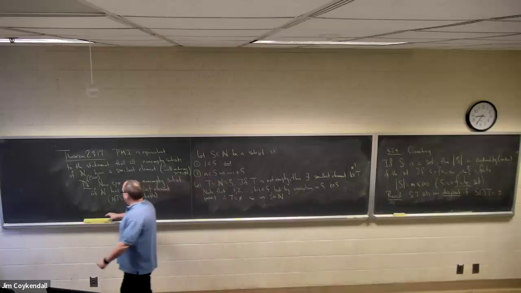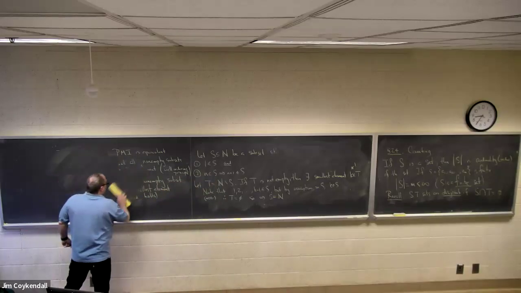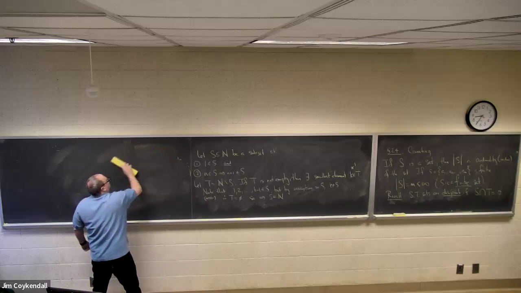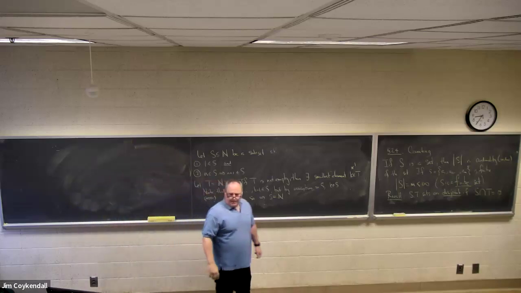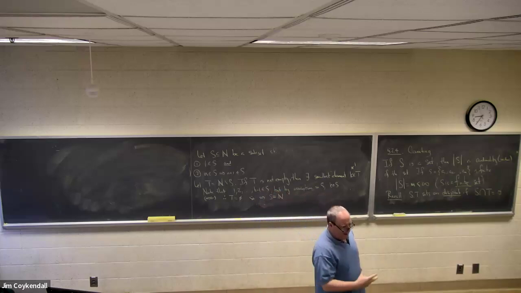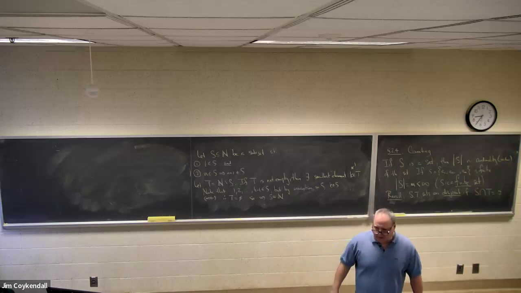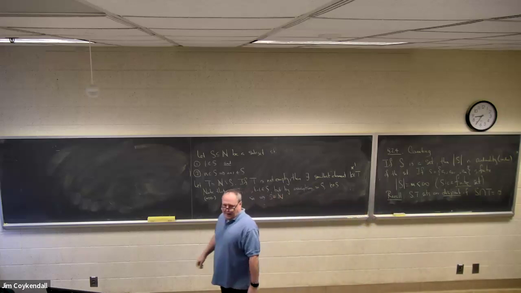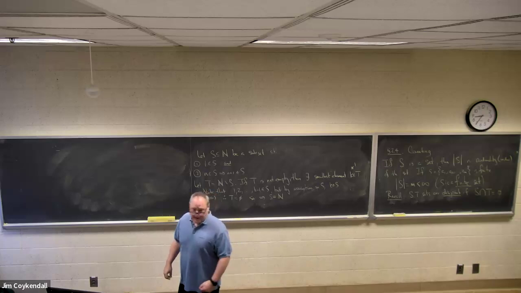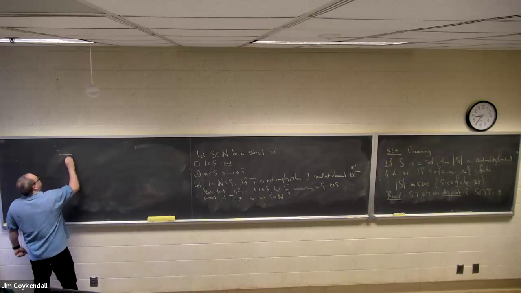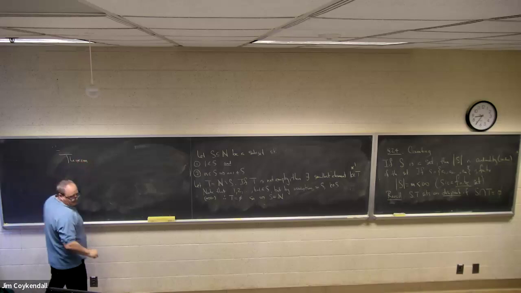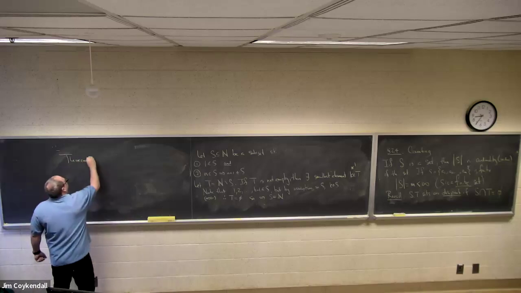So here's the first counting theorem, and I bet you can figure this out. If I have a bag of apples and there's 20 of them, and I have a bag of oranges and there's 30 of them, how many fruits do I have? 50. How did you do that? That's right. And apples and oranges are different. So, Theorem 2.4.1.